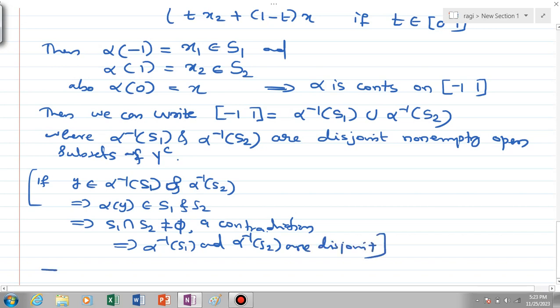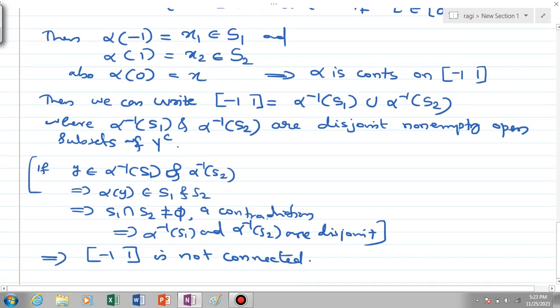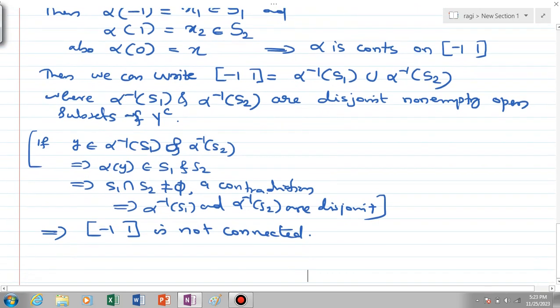So this means that the closed interval minus 1, 1 is not connected, since it can be represented as a disjoint union of non-empty open subsets. But we know that the closed interval minus 1, 1 is always connected, so this is a contradiction.